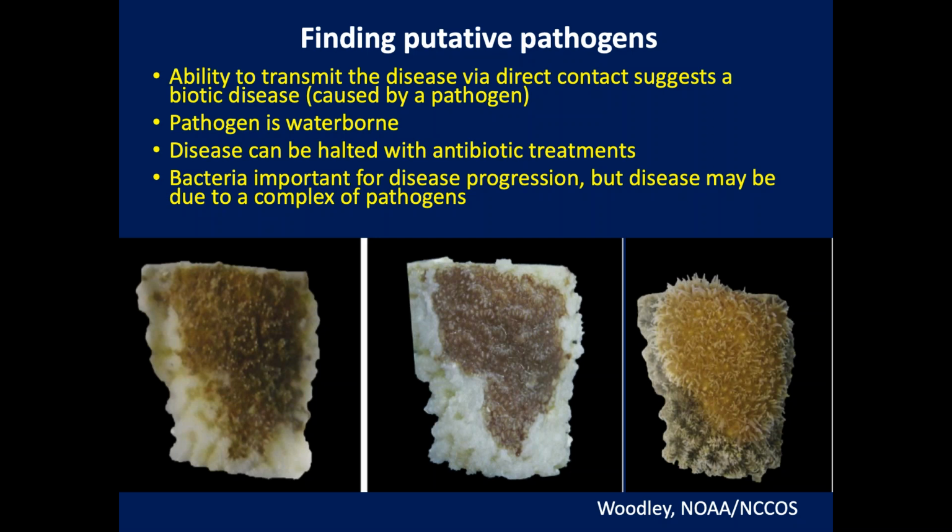We also know that the pathogen is waterborne, and water currents serve as an important vector based on the way that this disease has spread throughout the entire reef system in the directions of prevailing water currents. There is also a considerable amount of evidence that a bacteria is involved somehow in this disease progression because we can effectively treat corals and eliminate the disease by using antibiotics.